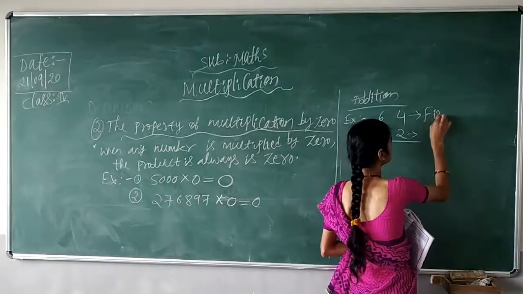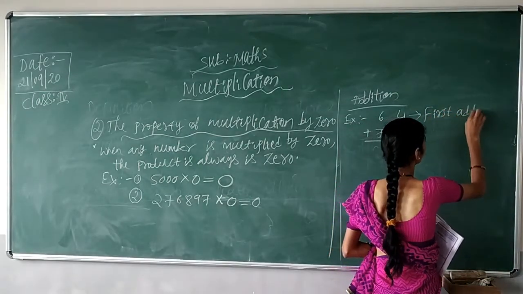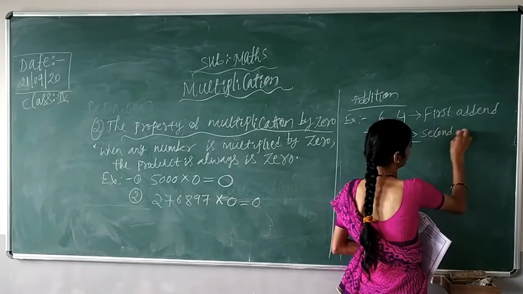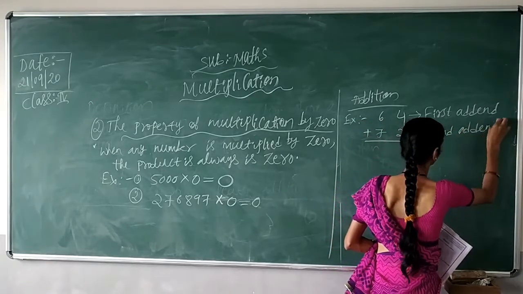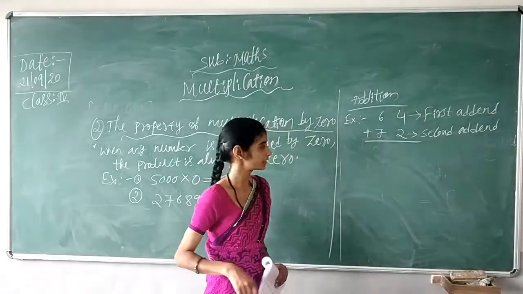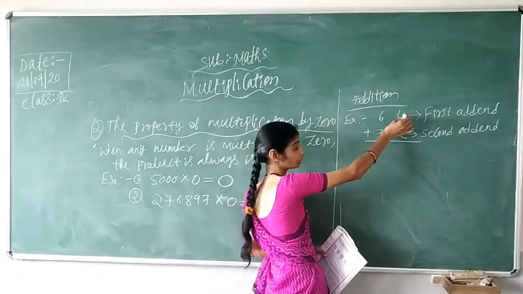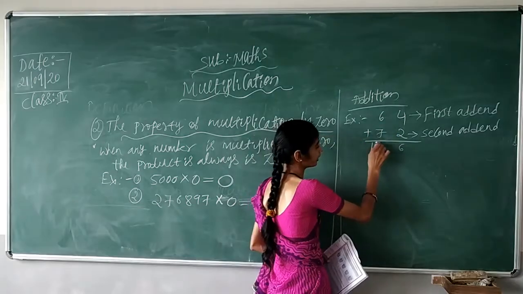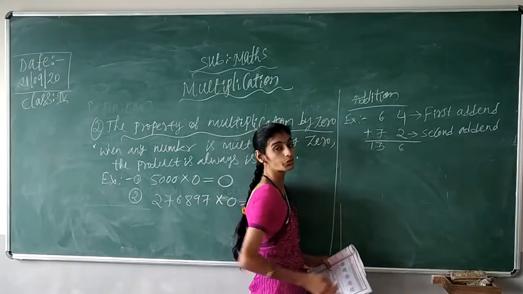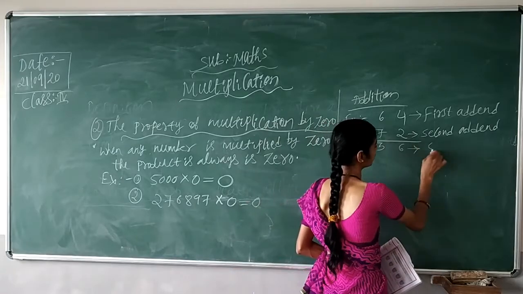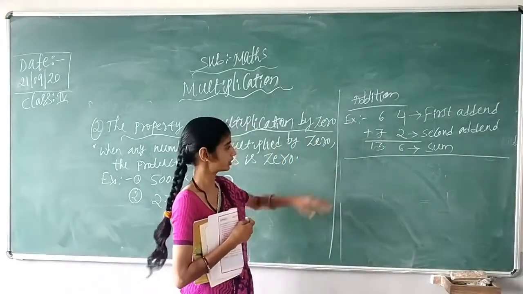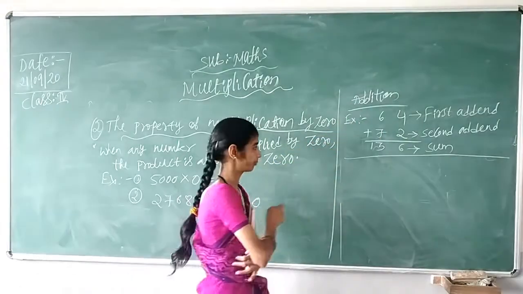This we call the first addend, then the second addend. Then whatever the answer is, 4 plus 2 is 6, 6 plus 7 is 13. And this answer we call the sum. So this is all about the addition terms.